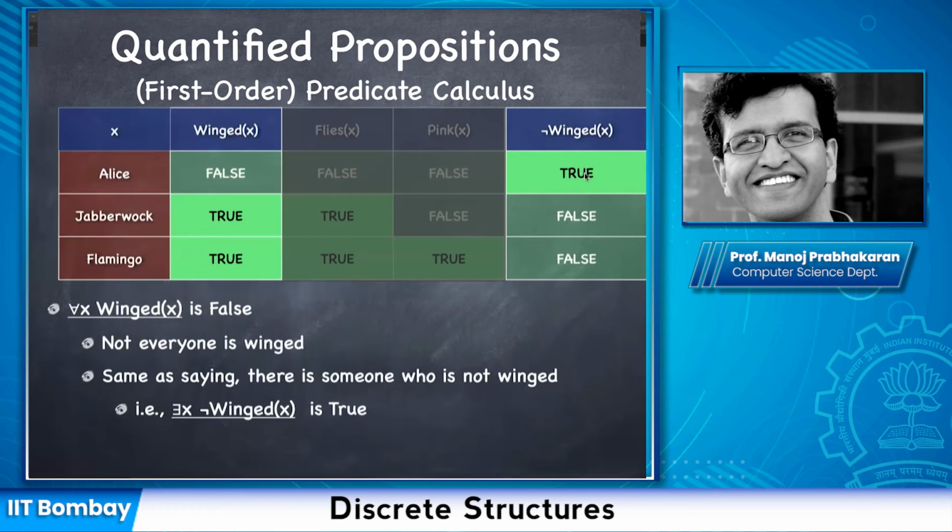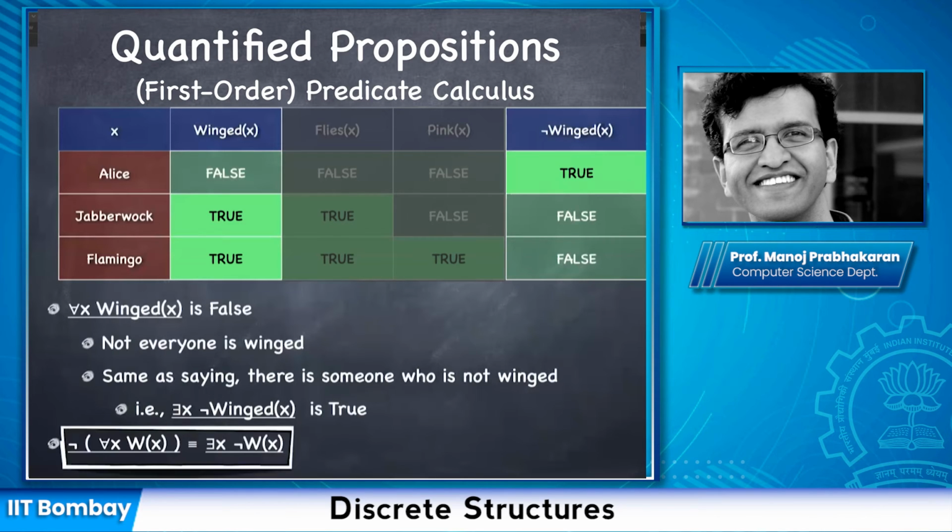So this is a true statement, and it is actually the negation of the previous statement. For all x W(x) says everyone is winged, and the negation of that is not everyone is winged, which is that there is someone who is not winged.